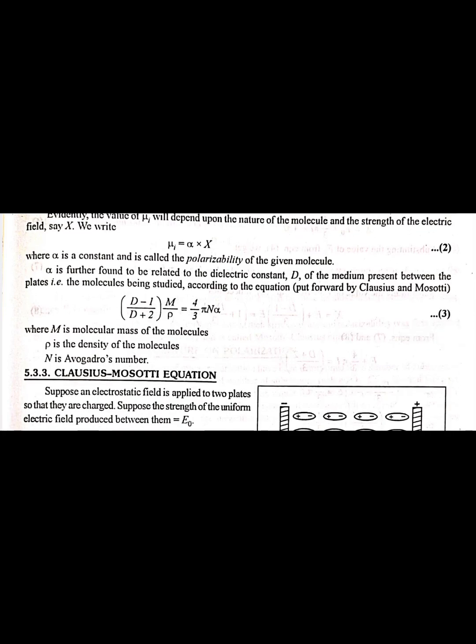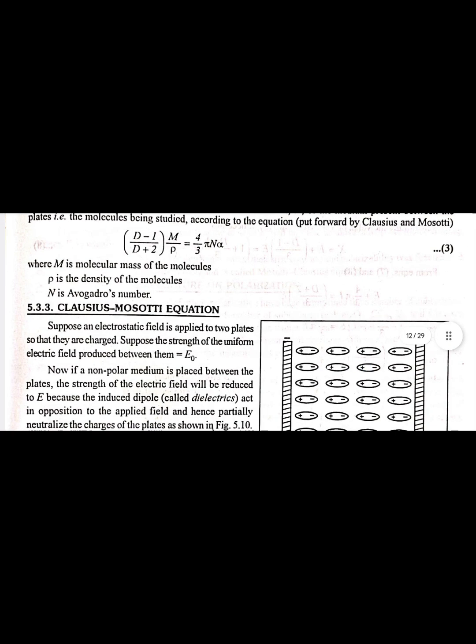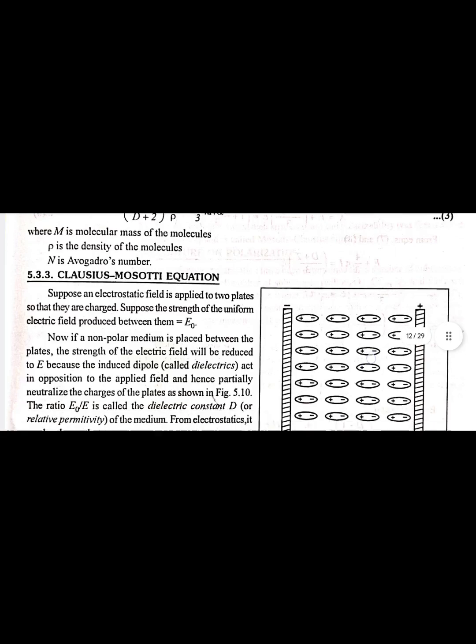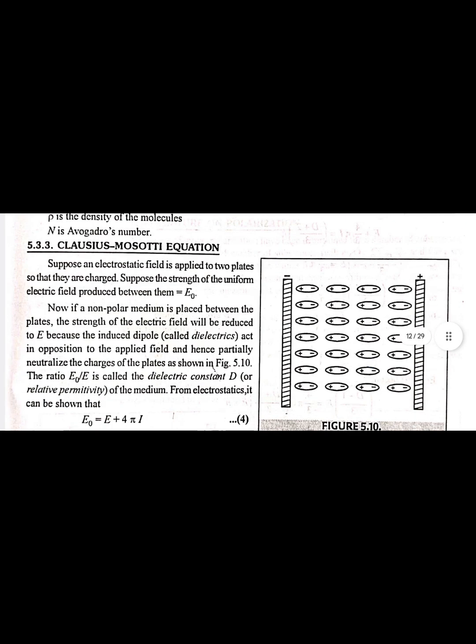Alpha is further found to be related to the dielectric constant D of the medium present between the plates, that is, the molecules being studied, according to the equation put forward by Clausius and Mosotti: (D − 1)/(D + 2) × M/rho = (4/3) pi N alpha. Equation 3, where M is the molecular mass of the molecule, rho is the density, and N is Avogadro's number.